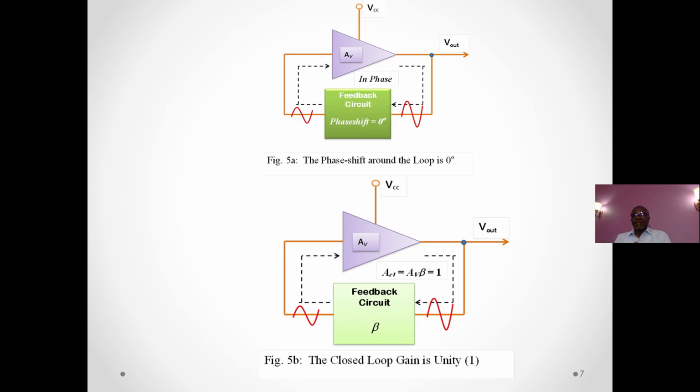So that is the illustration of the two conditions, that the net phase shift must be equal to 0 degrees and there must be an attenuation. So we use this waveform in red to show that the phase with which it entered is the phase with which it comes out, and the magnitude of the signal being fed into the feedback circuit is not equal to the one coming out. The one coming out is smaller because of attenuation.